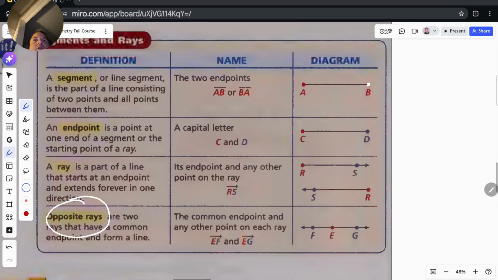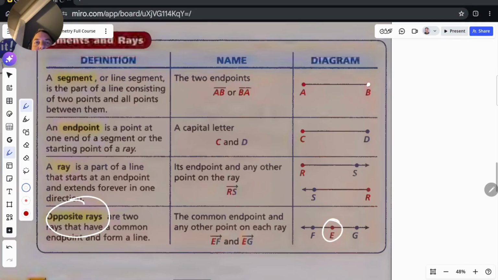Now, opposite rays are 2 rays that share the same endpoint, and together they form a complete line. So they go in exactly opposite directions from the same point. So if we take a look at our diagram here, point E is in the middle.